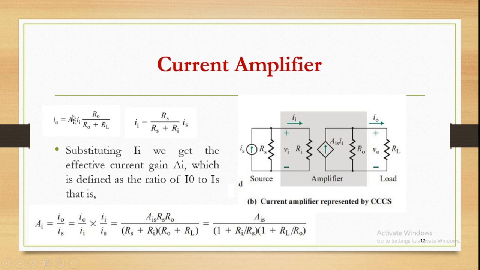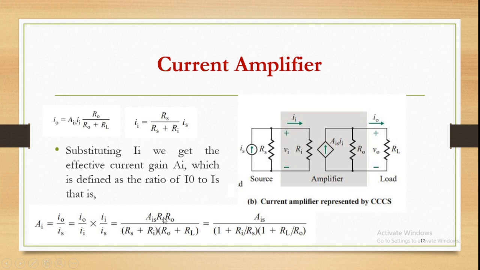In I0 there is an Ii term, so the Ii terms cancel each other, and we have AIS R0 divided by R0 plus RL. Likewise Is cancels, and we have Rs upon Rs plus Ri. So finally we have AIS into Rs into R0 divided by (Rs plus Ri) (R0 plus RL).